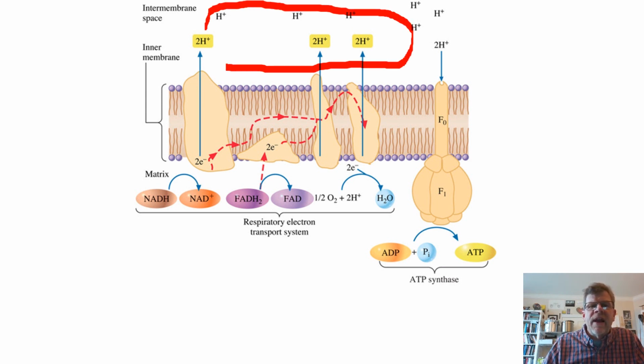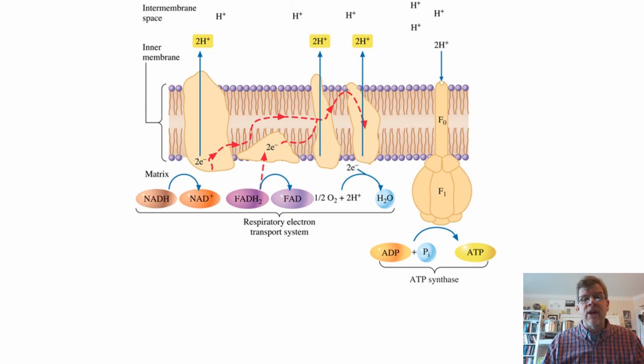We have a lot of hydrogen ions here in the intermembrane space, and it acts as a source of high pressure. And that high pressure of hydrogen ions are then driven in a controlled fashion through that other magnificent enzyme that we see embedded here in that inner membrane called ATP synthase.